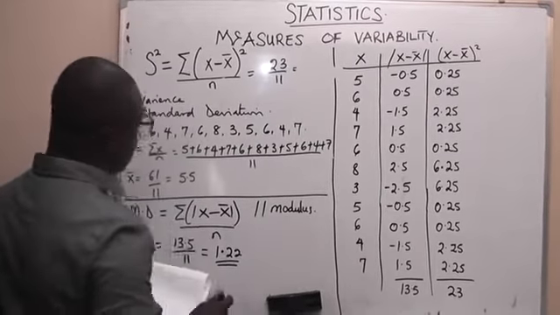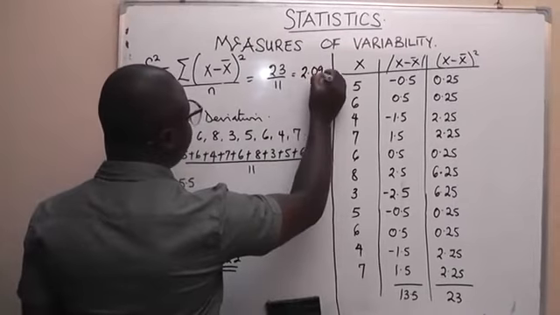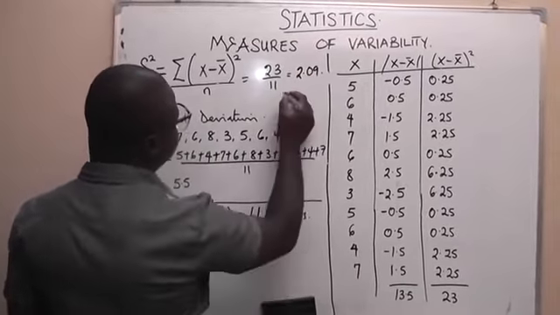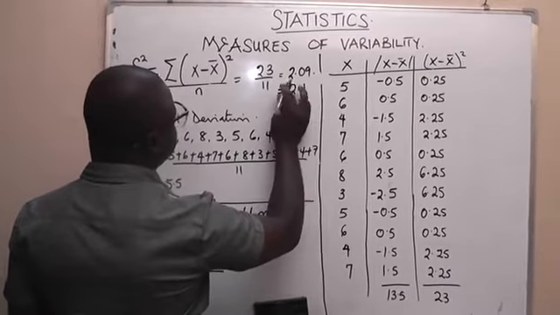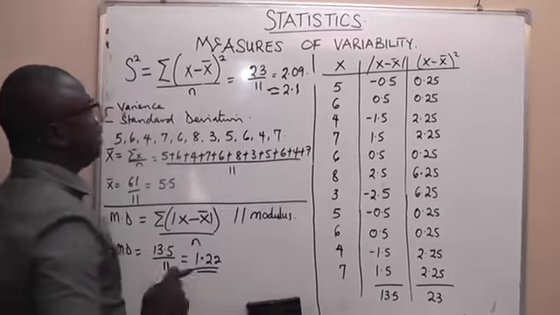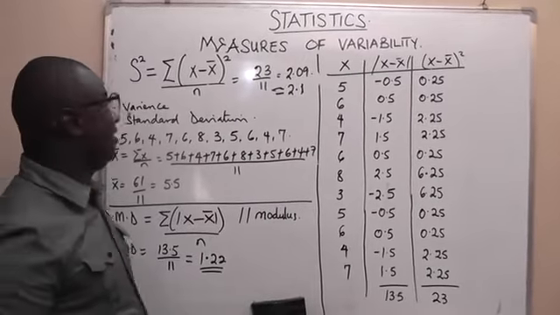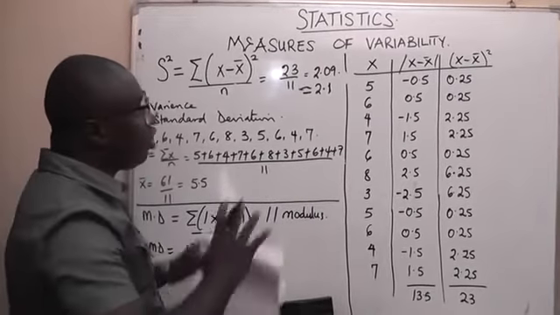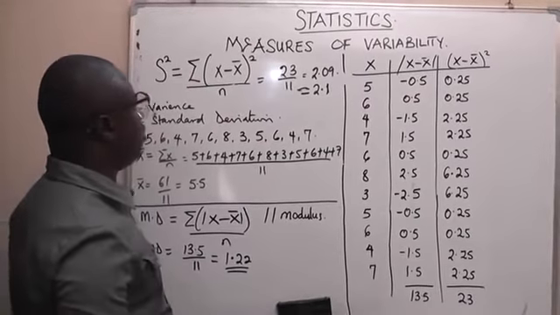If you divide it on your calculator, you are going to have 2.09, so approximately 2.1. So that is your variance. I guess it's not hard, right? Now remember, all of this is still ungrouped data. They are not grouped.